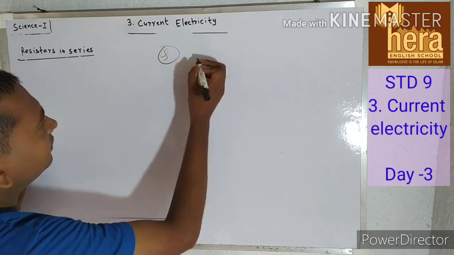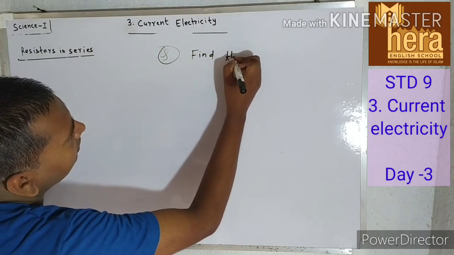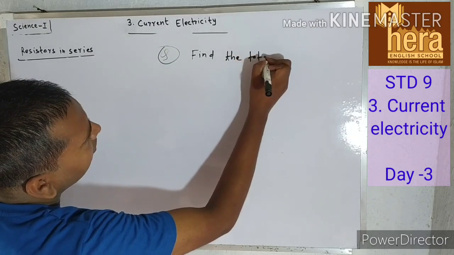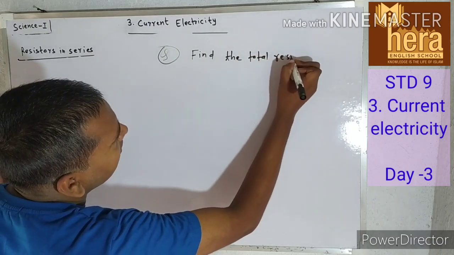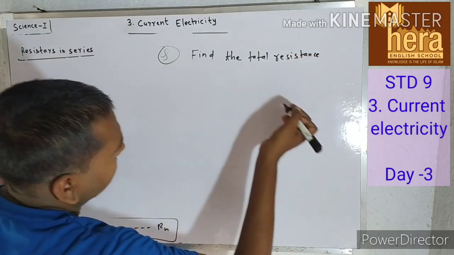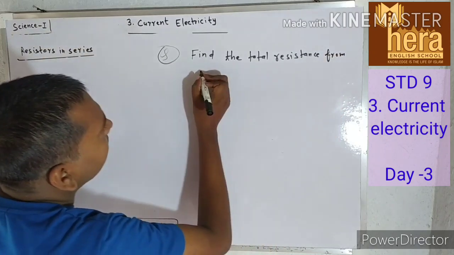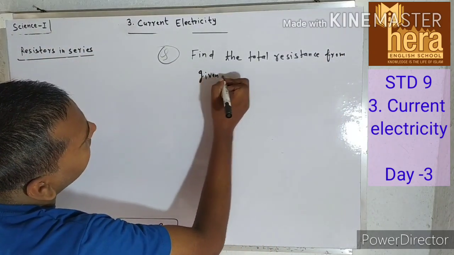Question: Find the total resistance from the given figure.